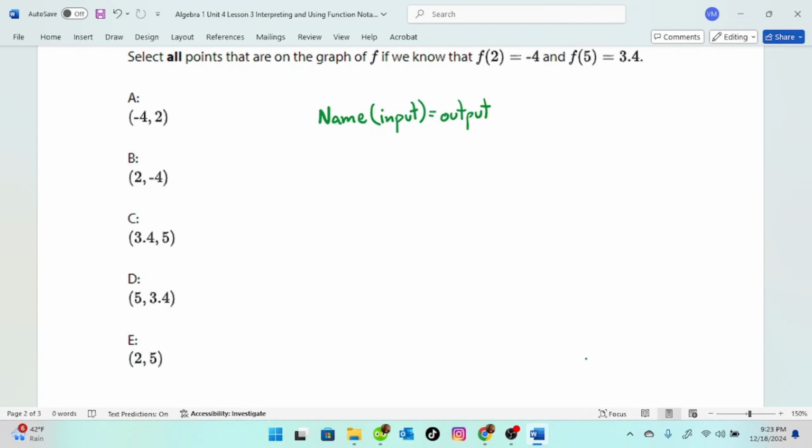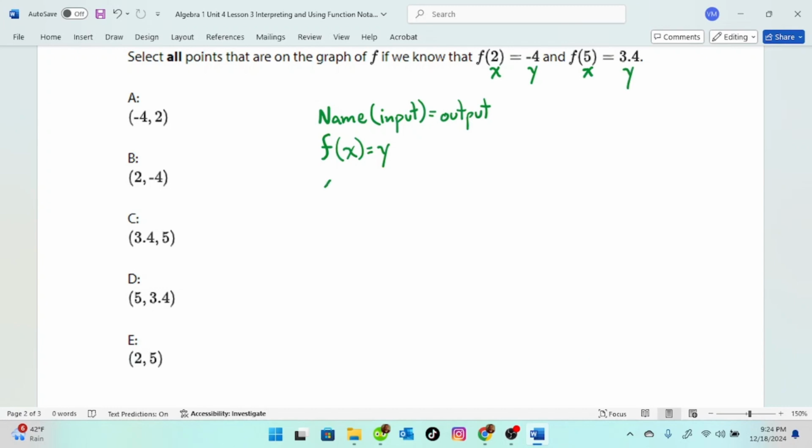So here we know that the name of the function is f. We know that our input is x. And we know that our output is y. So in this case, 2 is x, and negative 4 is y. In the next one, 5 is x, and 3.4 is y.